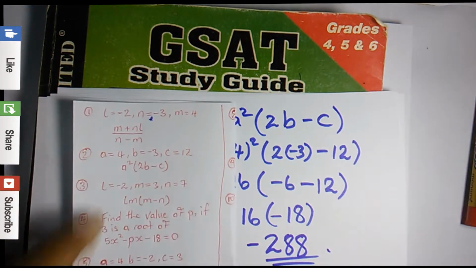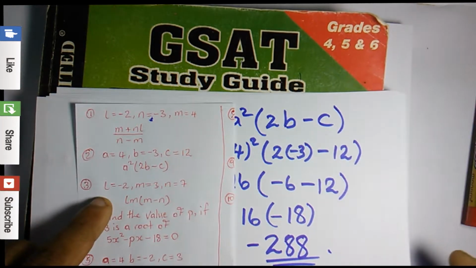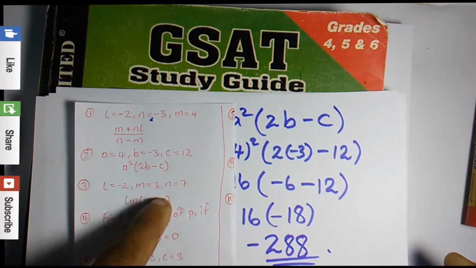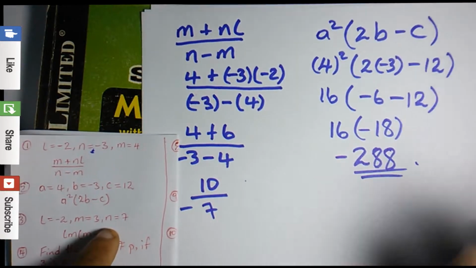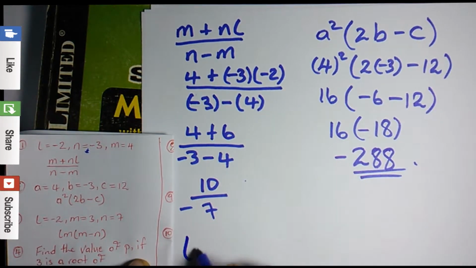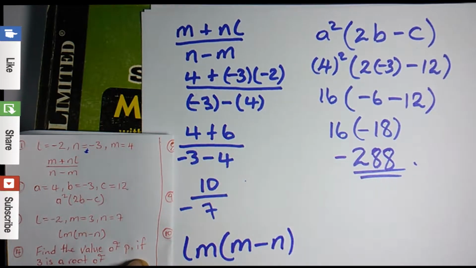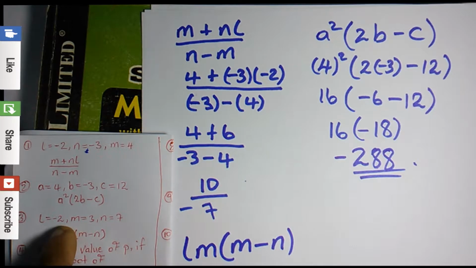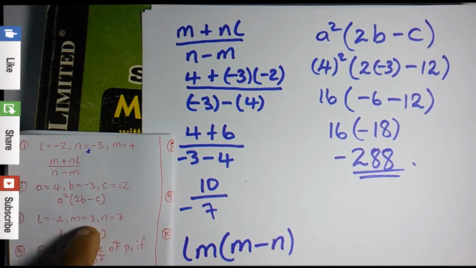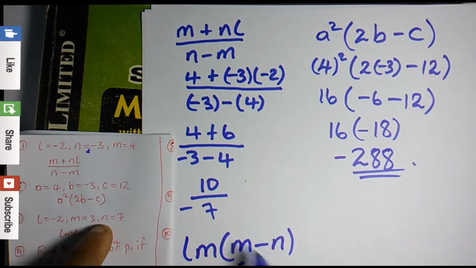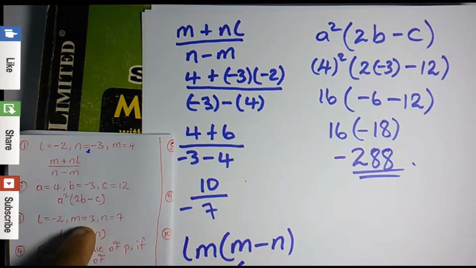We can go ahead and do the third question, where L is -2, M is 3, and N is 7. So evaluate LM times (M minus N), which is L, -2, multiplied by M, which is 3, open bracket, M, which is 3, minus N, which is 7.